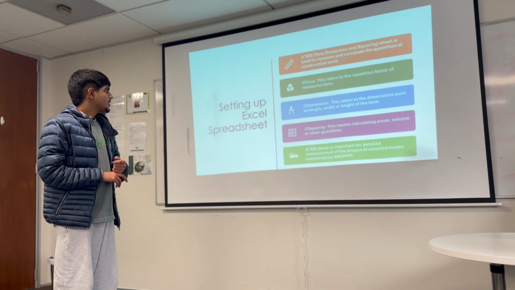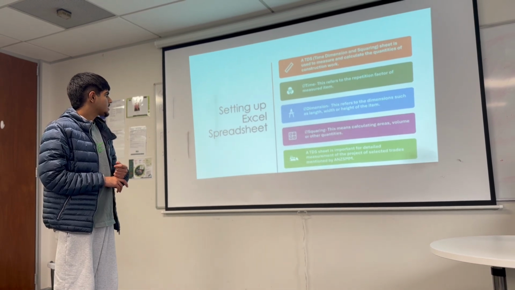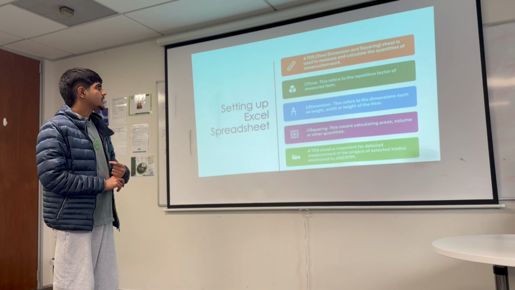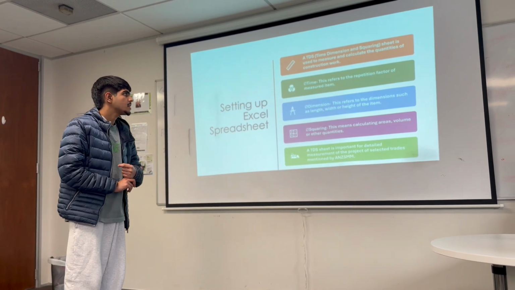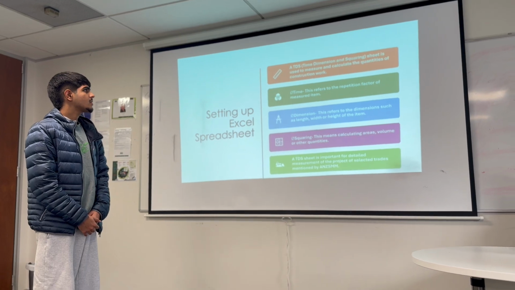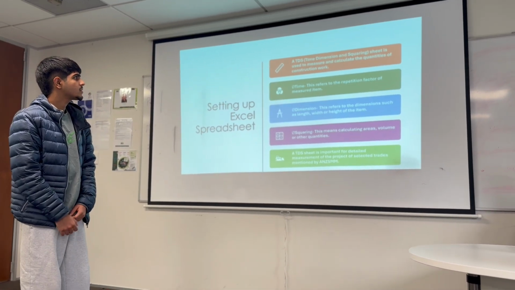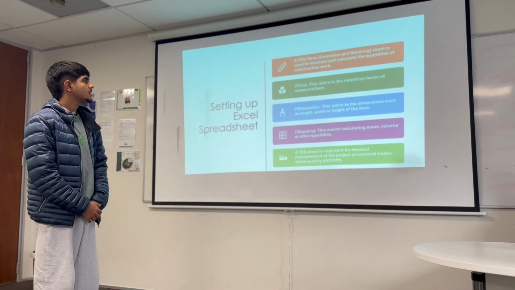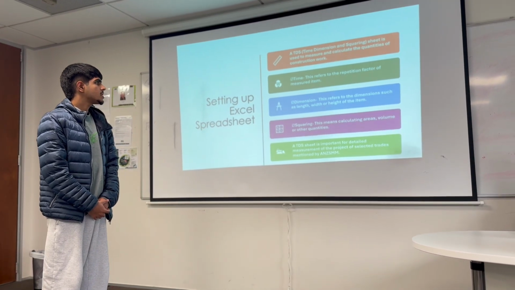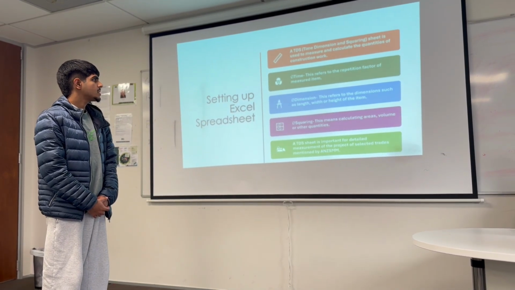Now I will discuss setting up the Excel spreadsheet. First I'm going to discuss the TDS. A TDS is the time, dimension and squaring sheet, which is used to measure and calculate the quantities of construction work. Time refers to the repetition factor of the measured item.